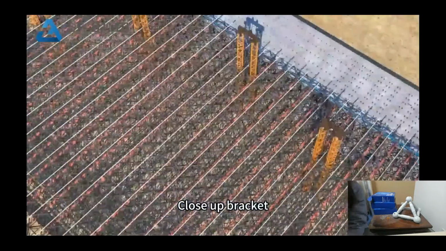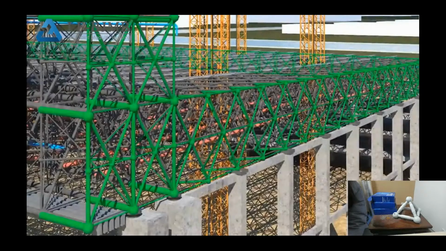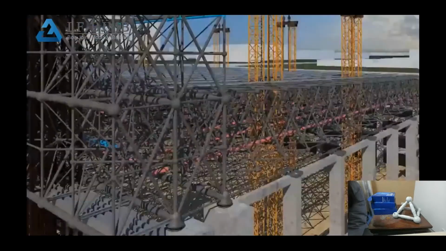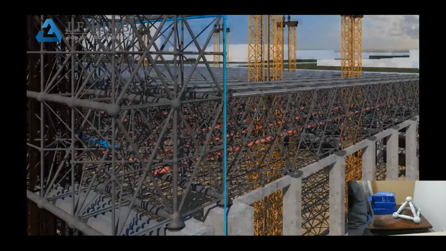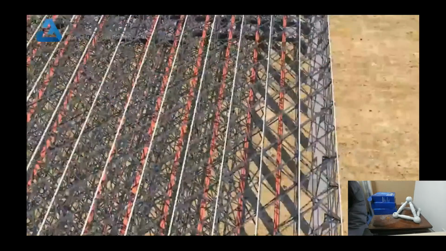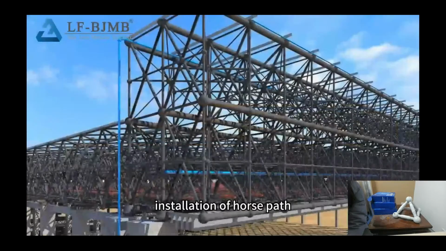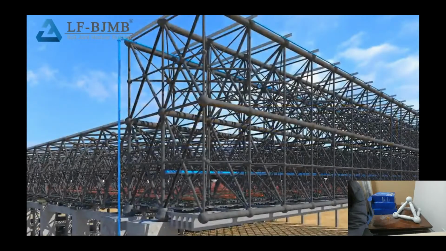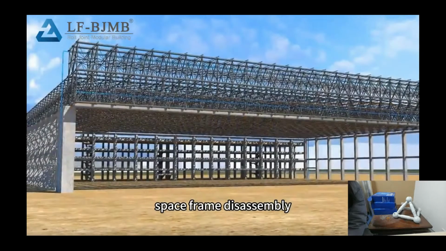Close-up bracket. Installation of horse path. Space frame disassembly.